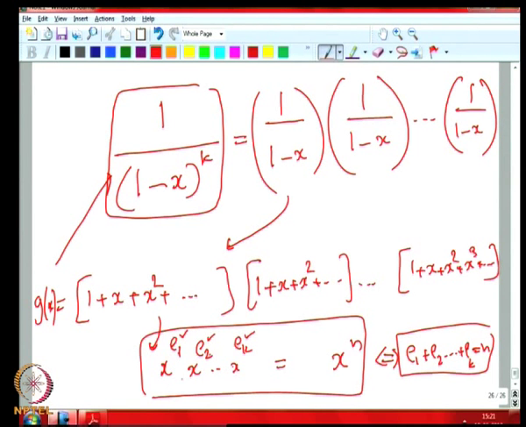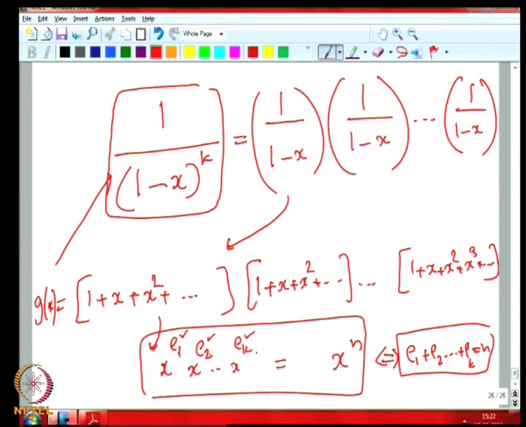Multiplying out, that forms x raised to n. On the other hand, any particular way in which we can form x raised to n corresponds to a solution of that equation. Therefore the coefficient of x raised to n in this product counts the number of ways we can assign non-negative integer values to E1, E2 up to Ek such that they add up to n.